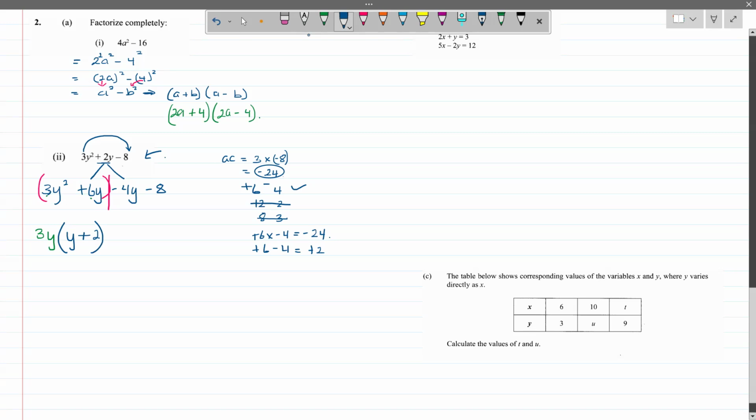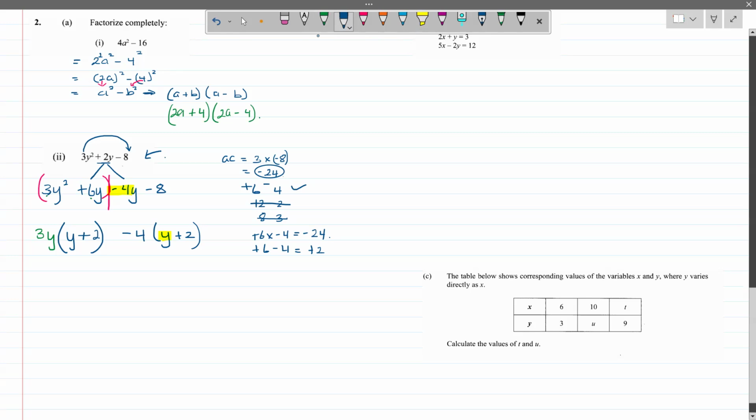Now, a trick that we could use here is instead of trying to factorize on this side, because some students try to do that and sometimes wind up getting the wrong sign in the bracket, copy the exact same bracket across on this side, because the brackets have to be the same. After you do that, you could compare the coefficient of this term with this, and you will see what your missing value is here. You need a minus 4 to multiply by this y in order to get back minus 4y.